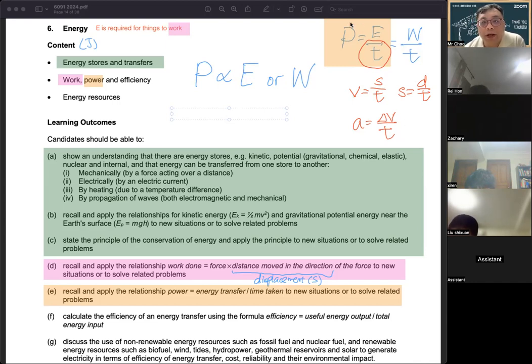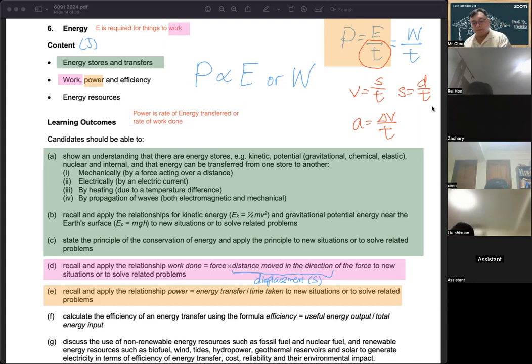So now, can you tell me what is power? Power is the rate of energy transferred or rate of work done.